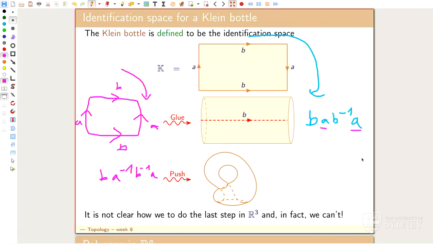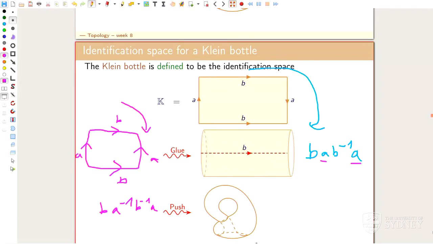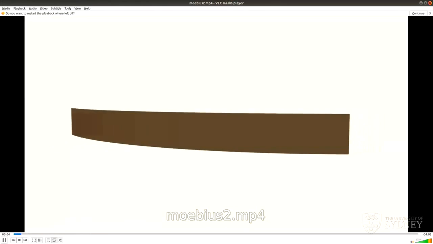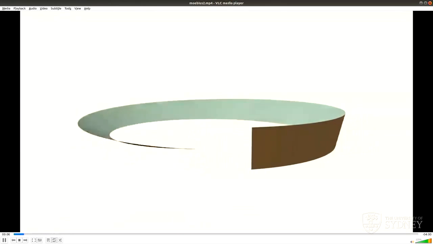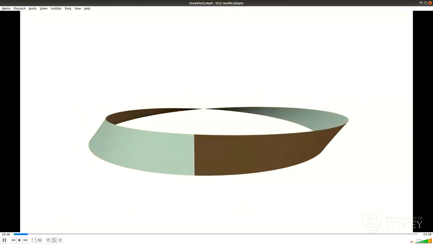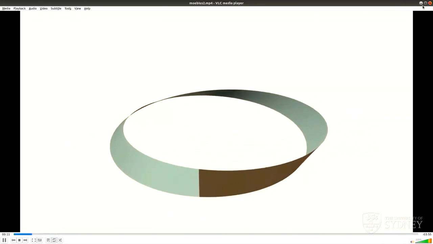Because if you take this in your hand, you would need to twist them together, like for the Möbius strip. Let me pull up the Möbius strip again. Right, so here the edges have the same. And that's why you need to twist them and put them together. And whenever you need to twist something, it's always a bit difficult.